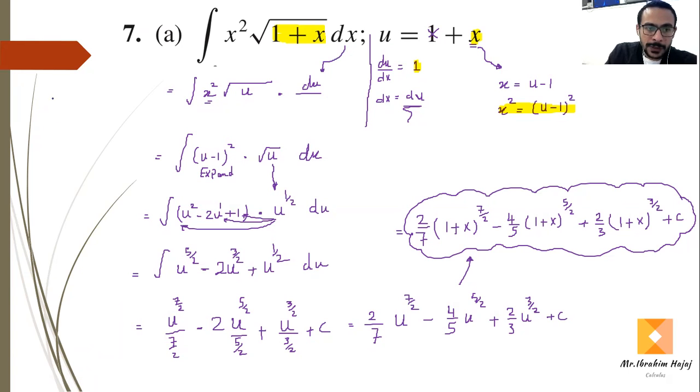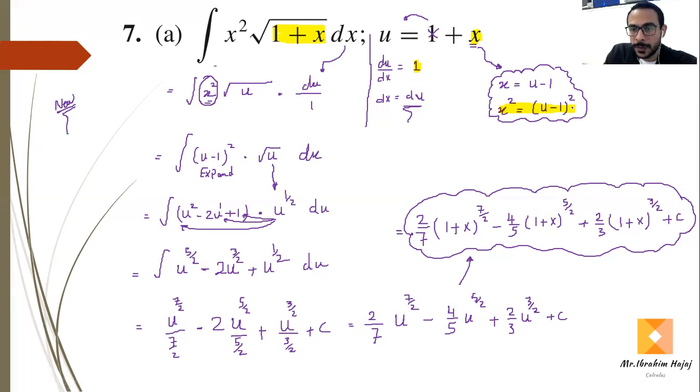But here, what is the new idea in this question? It has a new idea, a small trick, which is replacing the x squared by solving for x. Because u is 1 plus x, so x is u minus 1. And then square both sides to replace also x squared, because the x squared won't cancel with anything here.